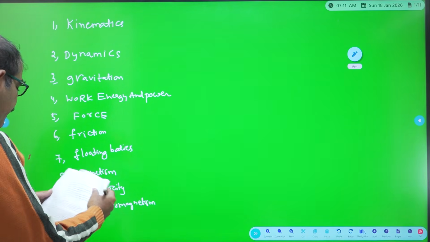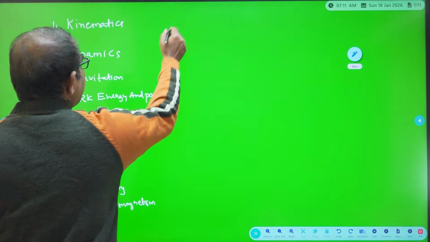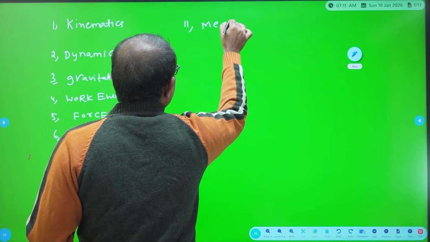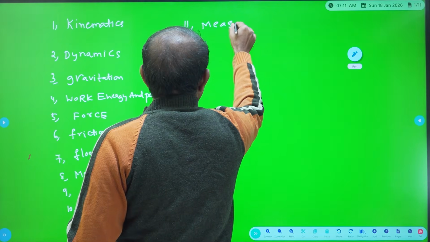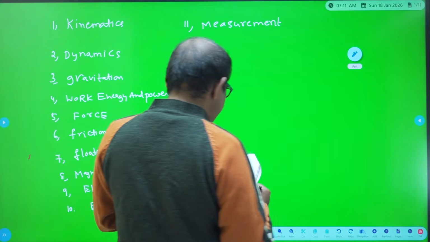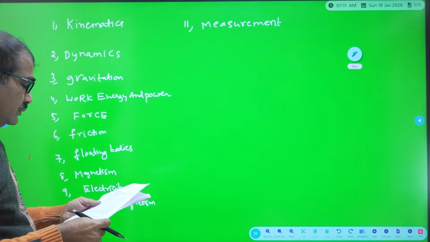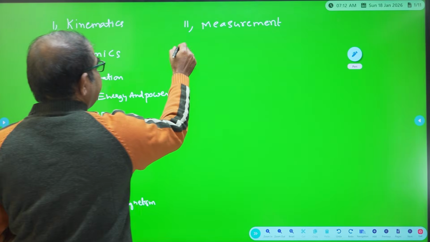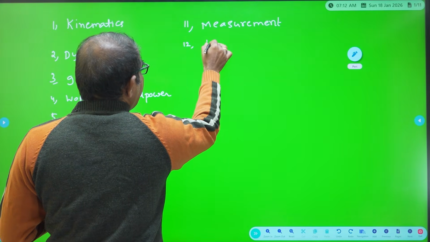Next, the 11th chapter is measurement. Next, light, sound, heat. The 12th chapter is light.